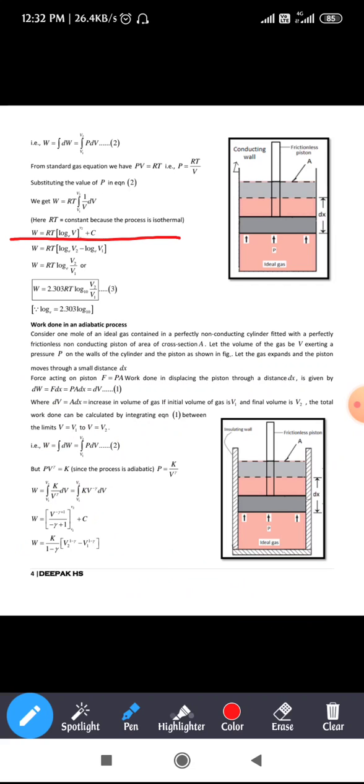Next we need to substitute the limits. When you substitute the limits, we always substitute the upper limit first, minus the lower limit.